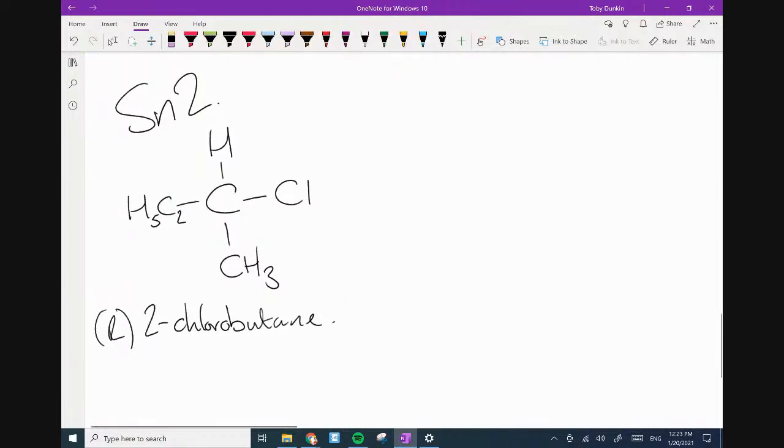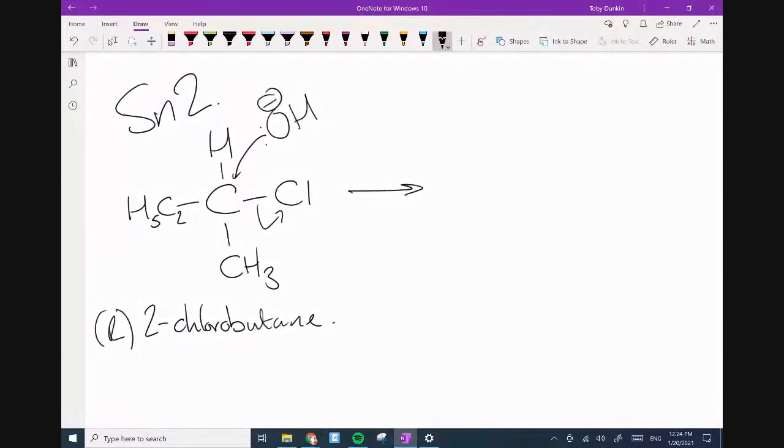Fair enough. So Winkit, we're now going to get SN2 attack. What would you expect to come out? Would it be easier for them to attack from the top?